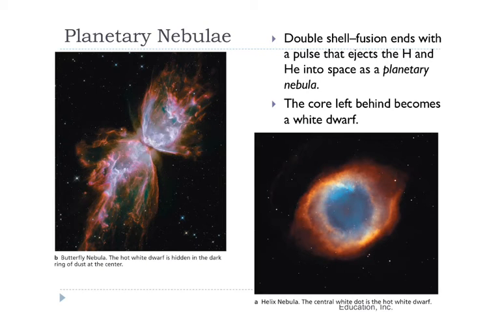And again, in the center would just be a white dwarf that is left behind, just a core of it. And so this is ejecting all that hydrogen and helium back into space. Stars are very efficient. They only take the fuel they need, and at the end of their life, they give everything back to the universe, and those gases will then form more generations of stars.